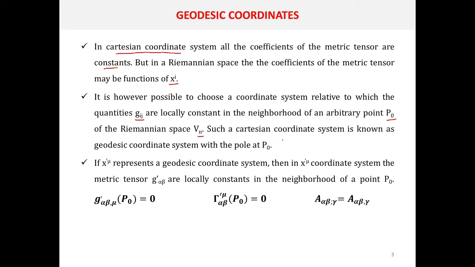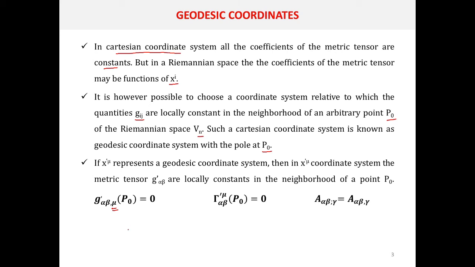Such a coordinate system is known as a geodesic coordinate system with the pole at p0. If x'^μ represents a geodesic coordinate system, then in the x'^μ system the metric tensor g'_αβ is locally constant in the neighborhood of the point p0. So if you take the derivative of this metric tensor with respect to any coordinate, its value will be 0.